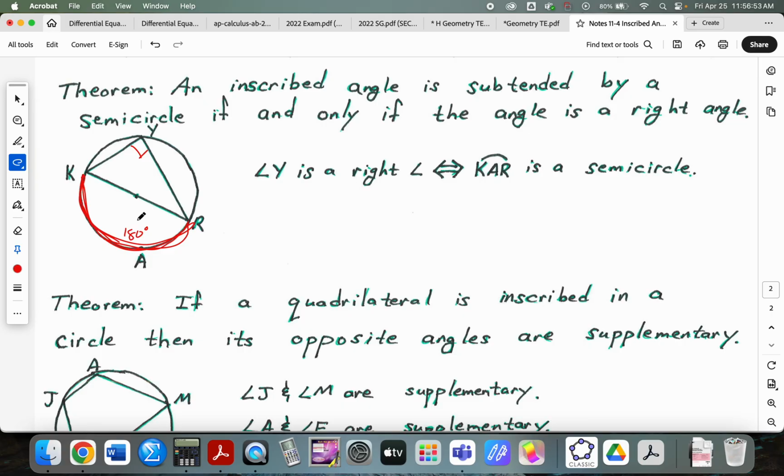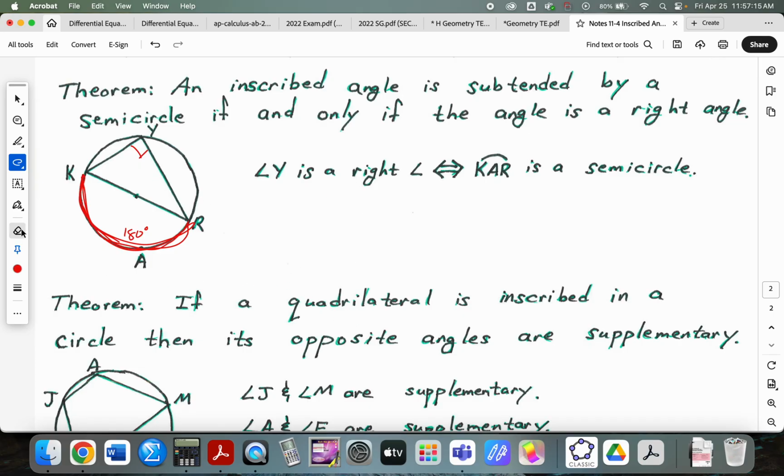This actually comes up in problems pretty regularly, but they almost never tell you that this is 180. They almost always have that this is a diameter. But if that's a diameter, then this is a semicircle, so its measure is 180. So then this angle has to be a right angle.